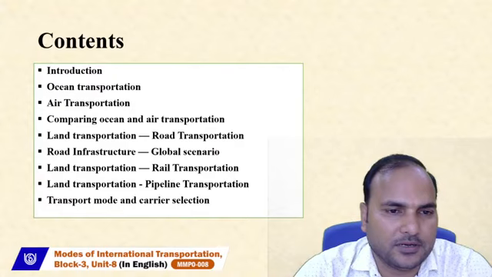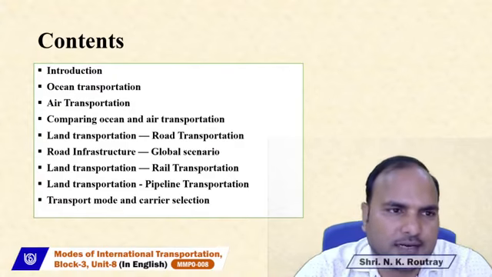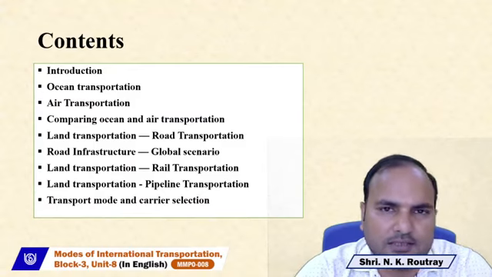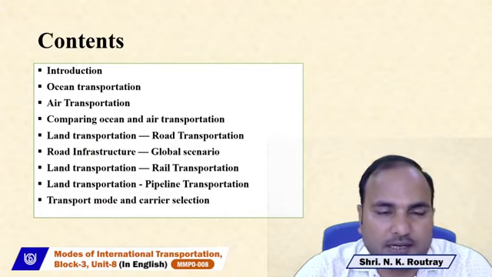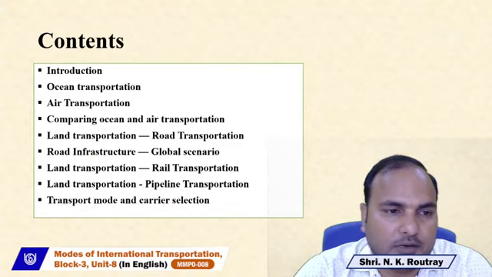After completion of this chapter, you will be able to understand the introduction of the modes of transportation in the international system. Within that, we will study ocean transportation and air transportation. Then we'll discuss comparing ocean and air transportation.